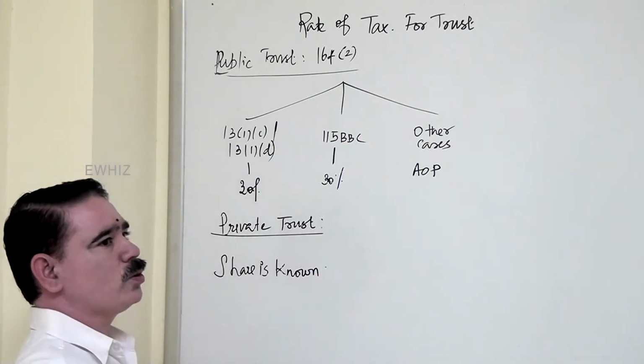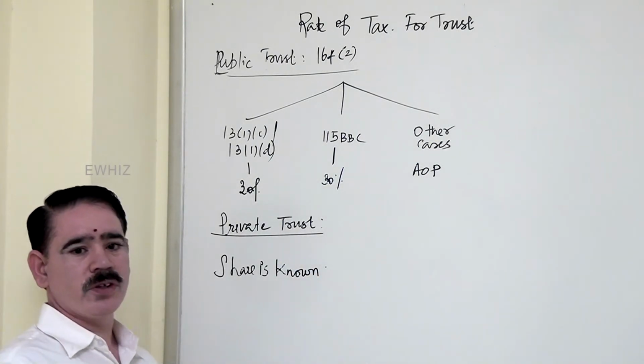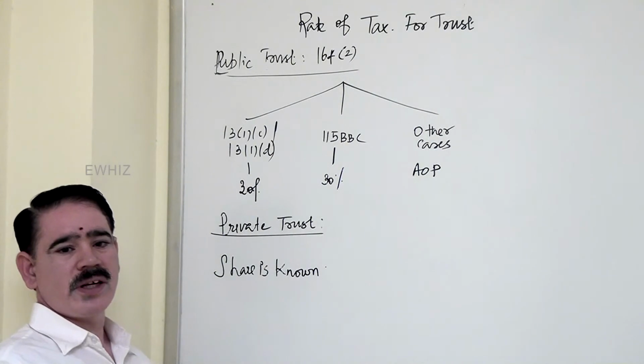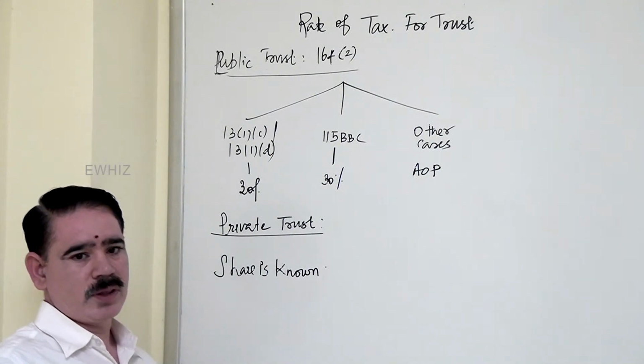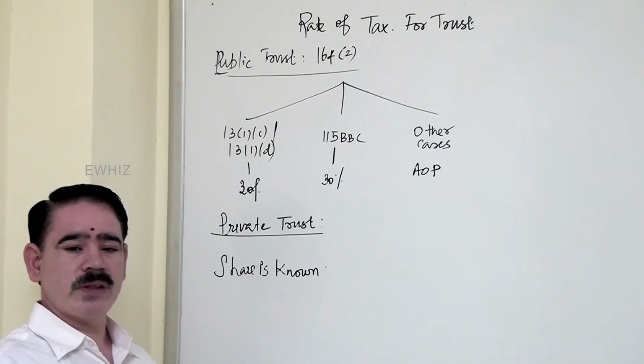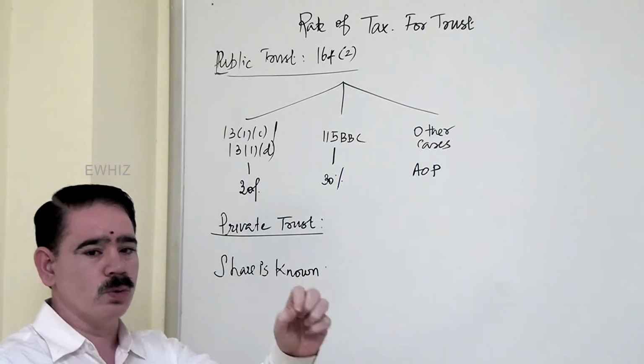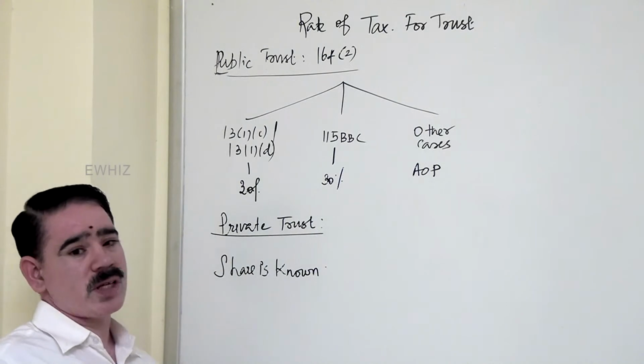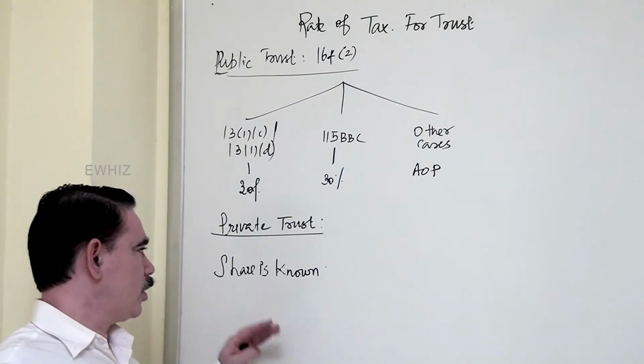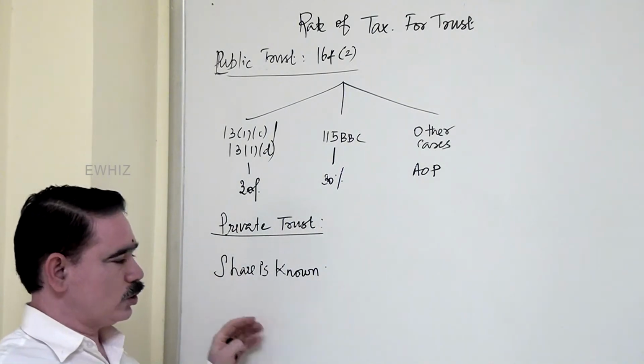Mr. A has got two grandsons for whose benefit he is creating a private trust. The beneficiaries are identified, clearly identified as to who is going to get the benefit out of the trust. In that case, the private trust's share is known.